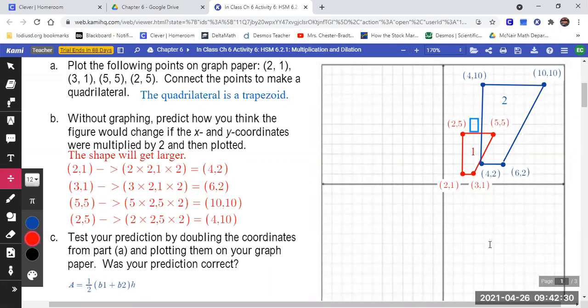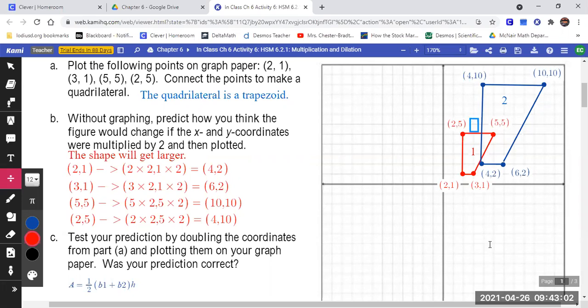How big is that red line? Somebody count it. Top red line, how many? Three. Okay, thank you. Okay, so we're going to put a 3 there.